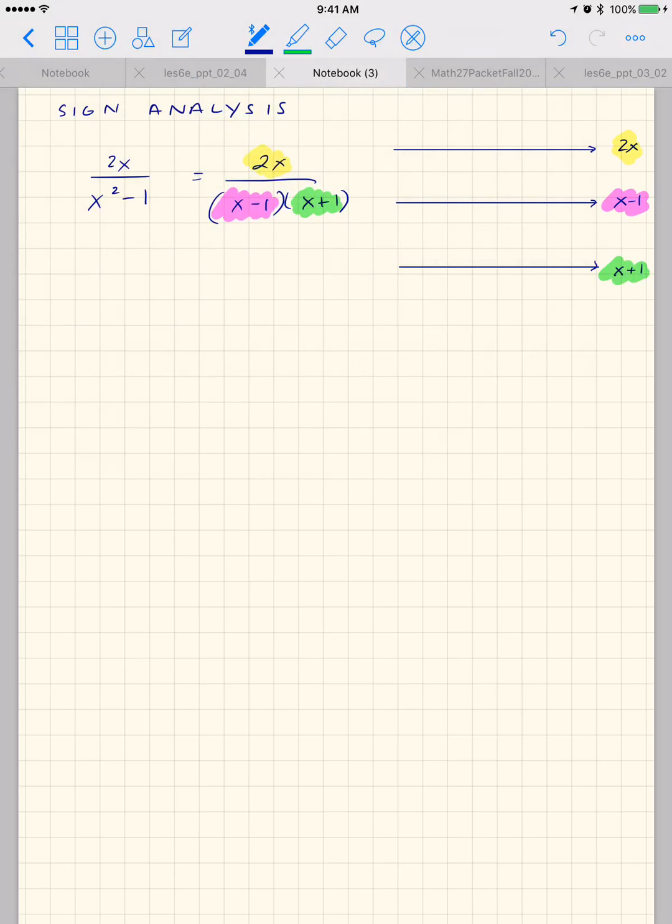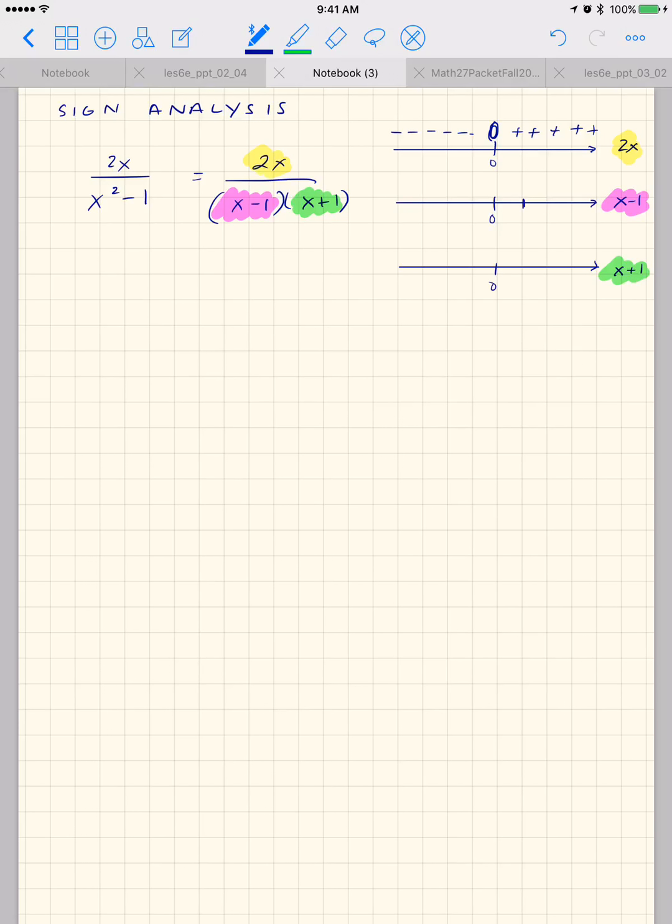So now I'm just going to put the origin on each number line. When is 2x positive and when is 2x negative? So 2x is going to be 0 when x is 0. It'll be positive if x is bigger than 0, and it'll be negative if x is less than 0. Okay, so now let's do the same thing for x minus 1. When is x minus 1 equal to 0?